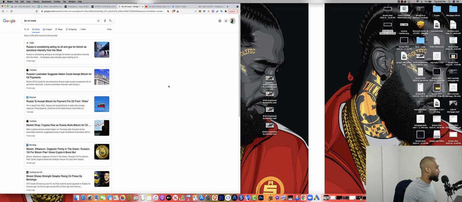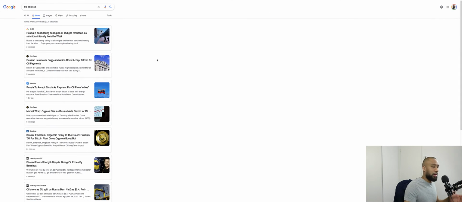So if this does happen, this could be the start of, and I don't want to look too far in the future and make random predictions, but this could be the moment. If Bitcoin were to be a reserve currency, this would be the first real domino that fell, showing people, hey, maybe Bitcoin can be the reserve currency.